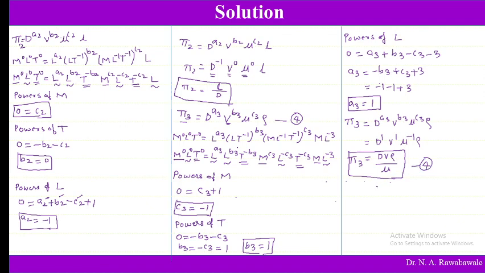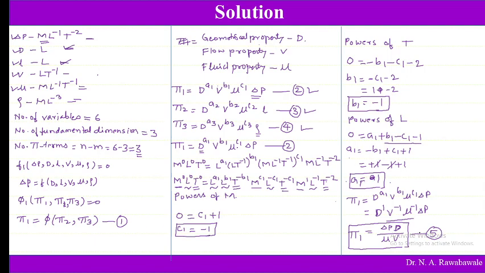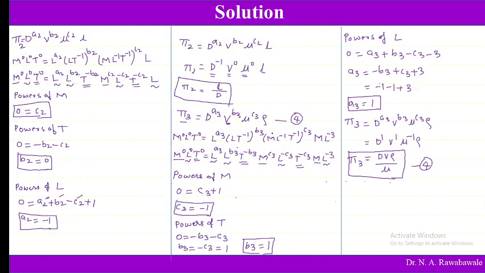So now collecting the equations. Sorry, this is not equation number 4. We had obtained the pi 2 term here. The equation for pi 1 is 5, equation 5. So this is equation number 6 for the pi 2 term, and this is equation number 7.